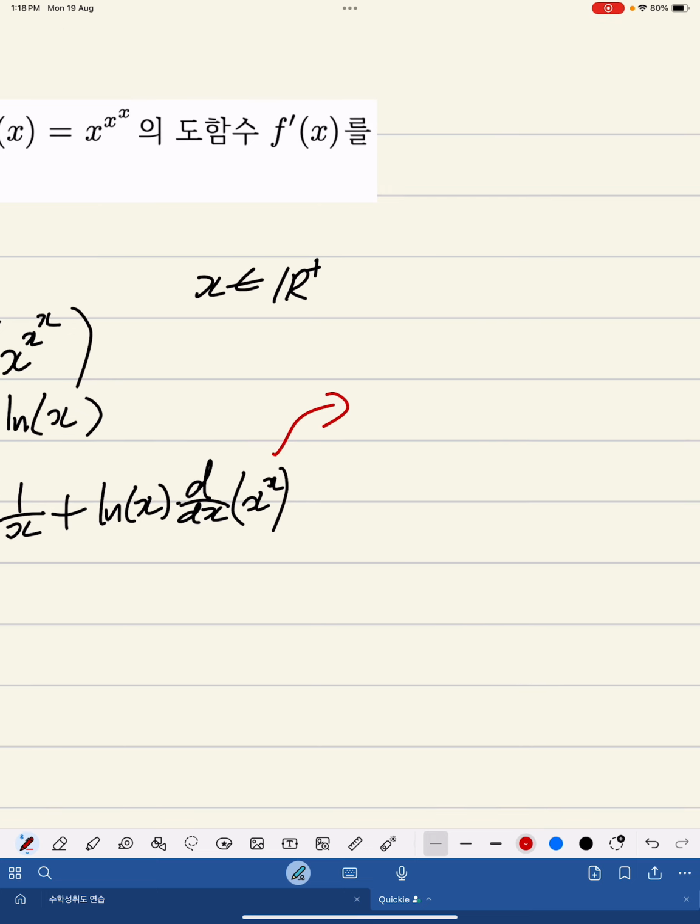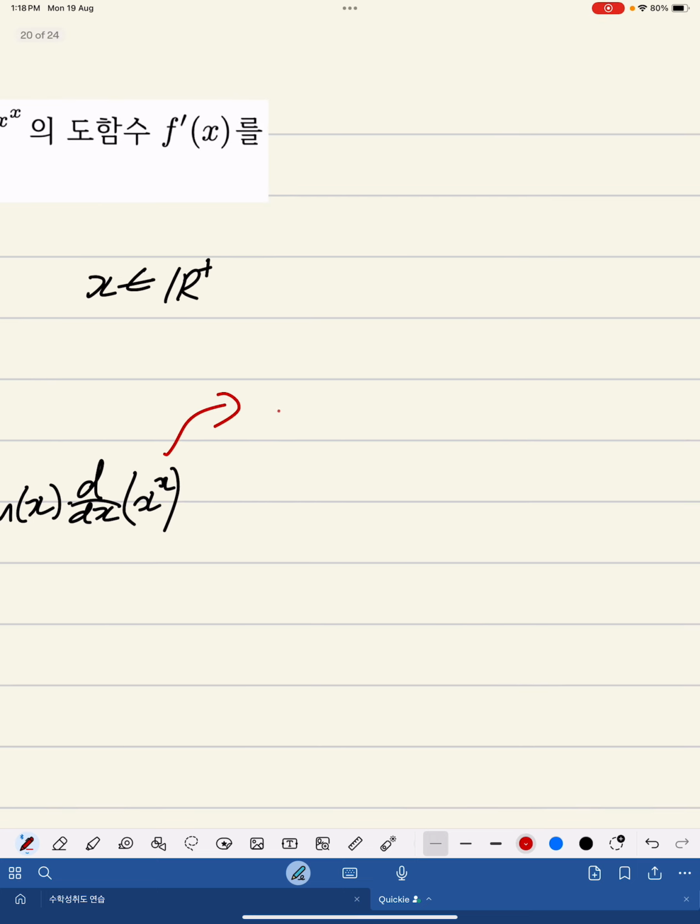So let's do that. Let's say g of x equals x to the x. Then we'll do the same thing, because these are indices and it will be easier to look at them as products by using logarithms again. ln of g of x equals ln of x to the x.